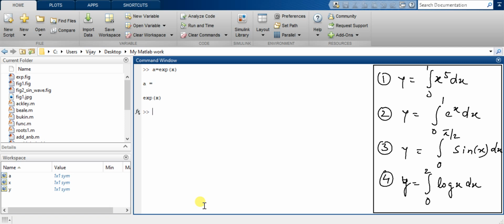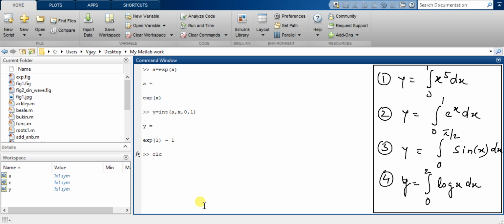Now we have to define y equal to the integration of this expression a with respect to x and the upper and lower limit. The lower limit is 0 and the upper limit is 1. When you execute this, this will give you exp(1) minus 1. I think this integration is clear to you.